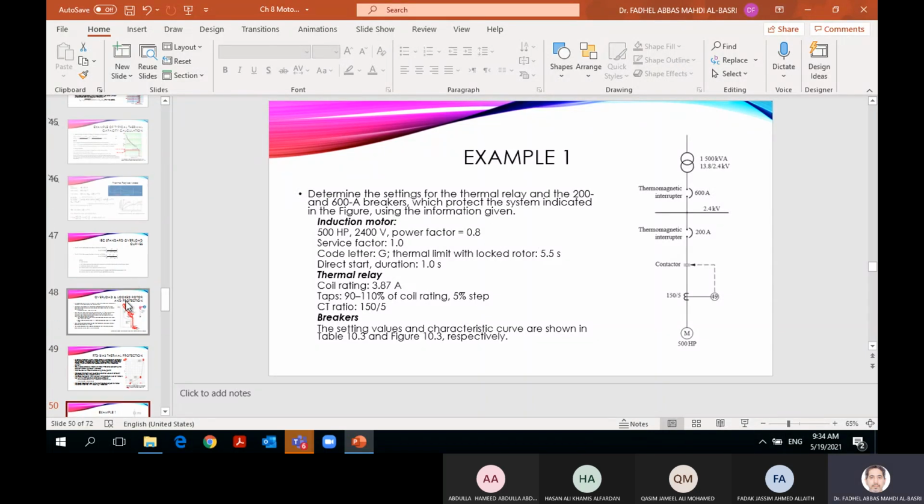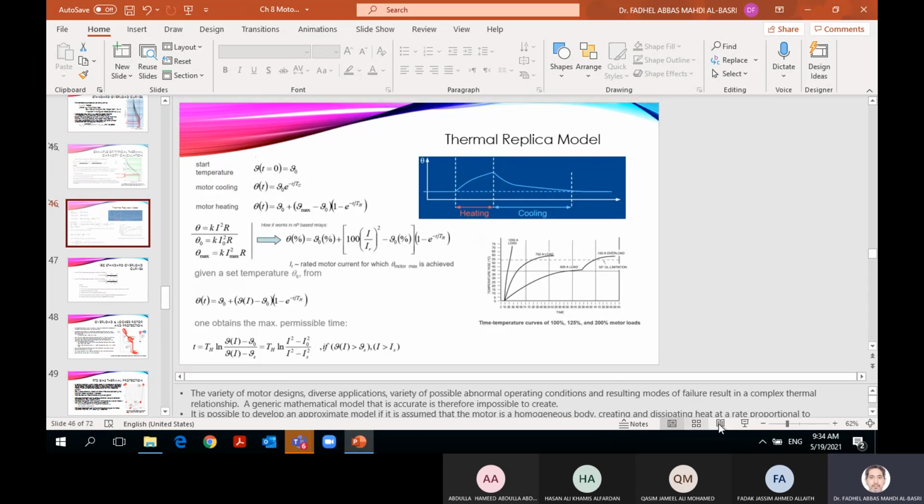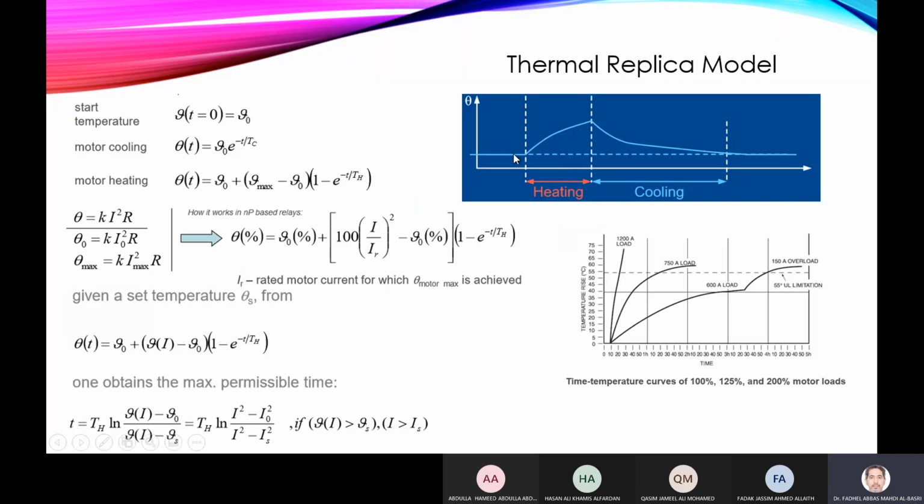Of course, when we say thermal modeling, it means how in a relay we model how the heat increases during running, for example, and how, when you decrease the load, the temperature will decrease. And if you stop the motor, the temperature will decrease until it reaches room temperature.